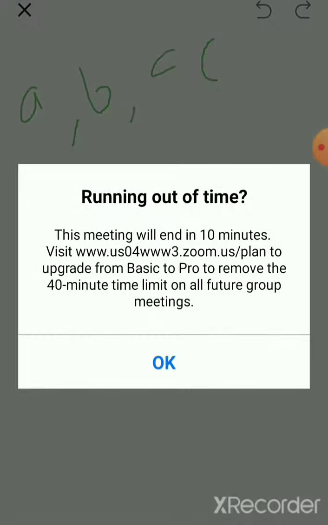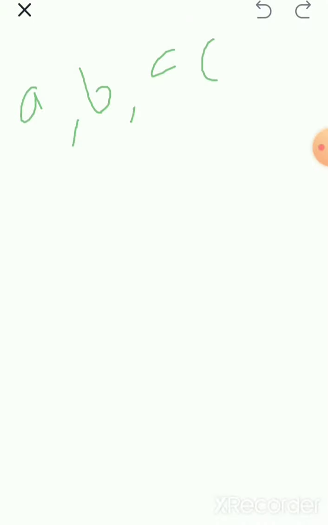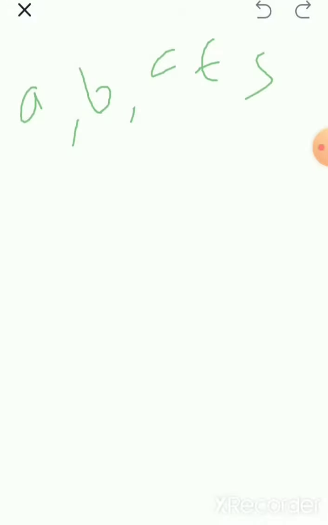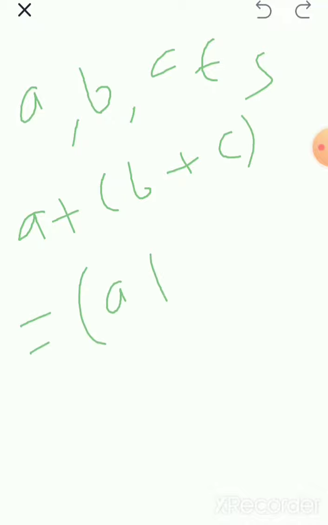For associativity we require three elements, that is A, B, C are elements from S. Then find out whether A plus (B plus C) is equal to (A plus B) plus C or not.